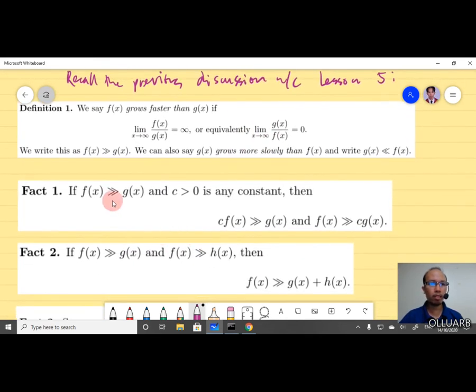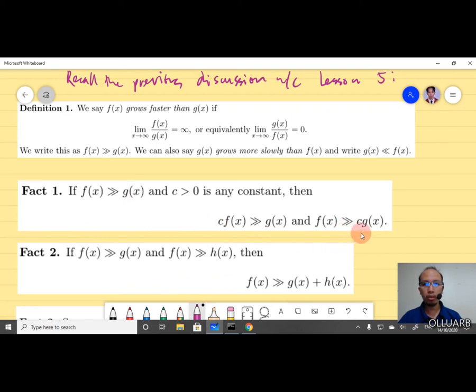This fact says that if f of x grows faster than g of x and you are given any constant c which is greater than 0, then it doesn't matter if you multiply c to the function f of x, which is the one that grows faster. It's still faster than g of x if you multiply by c.